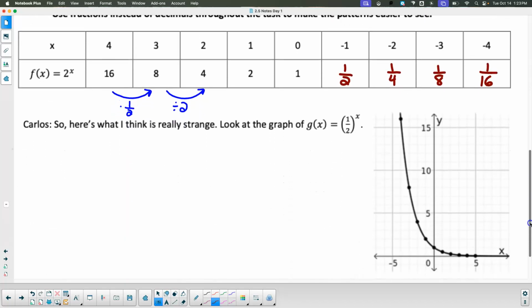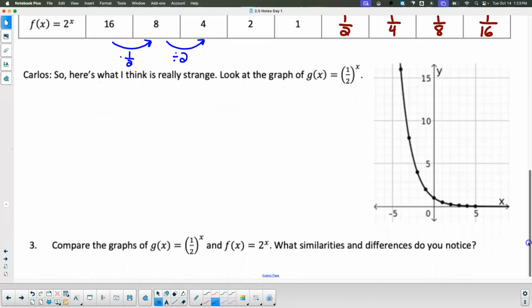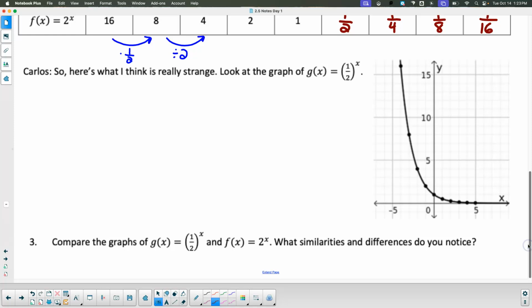Carlos, here's what I think is really strange. Look at the graph for 1/2 to the x power. The first graph that Carlos did was f of x equals 2 to the x power. Now we're looking at 1/2 to the x power.